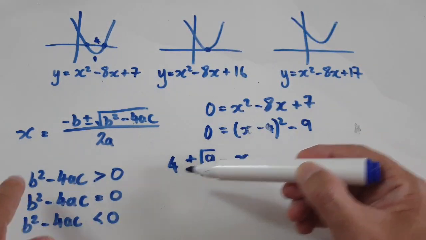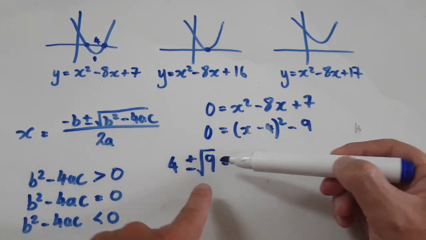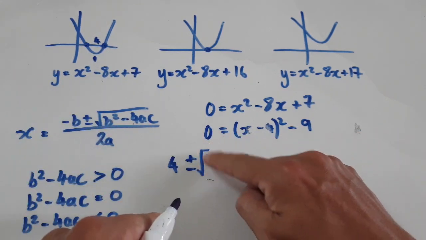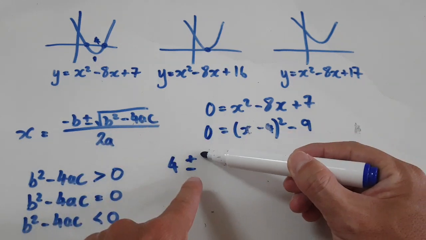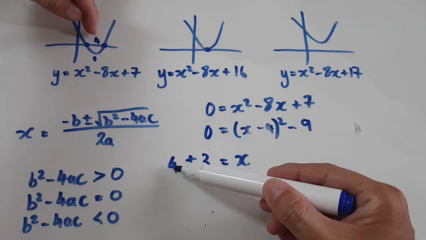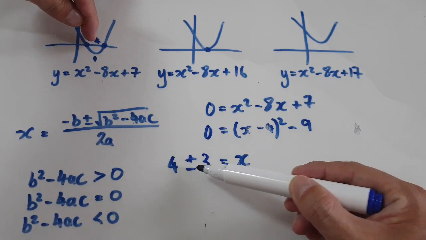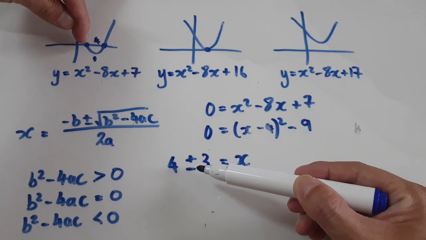So you can see that when you square root a positive number, you're going to get positive 3 and negative 3. That's why you stand at 4. And then you add 3, it will take you to the right root. And then if you take away 3, it will take you to the left root.